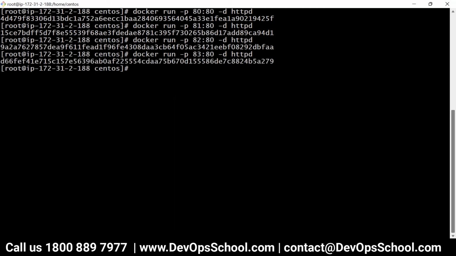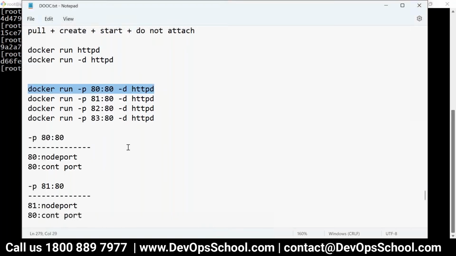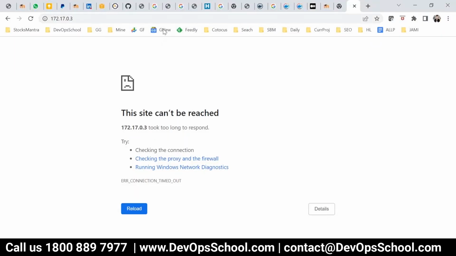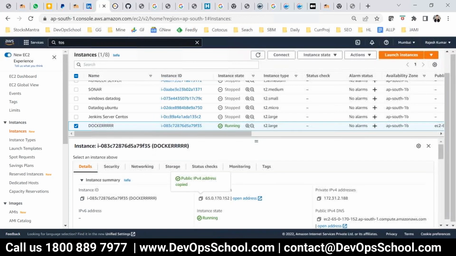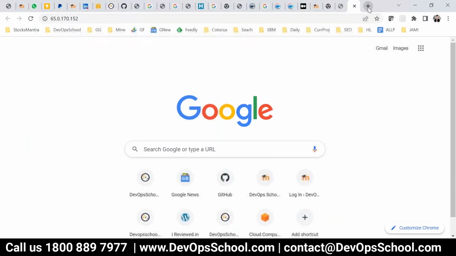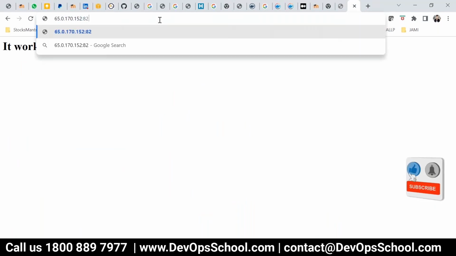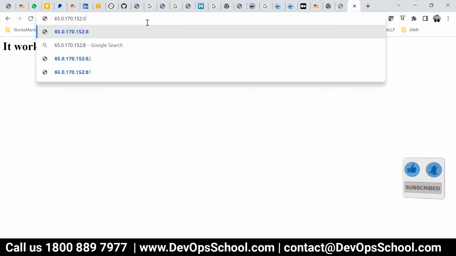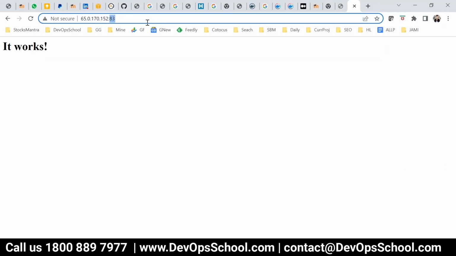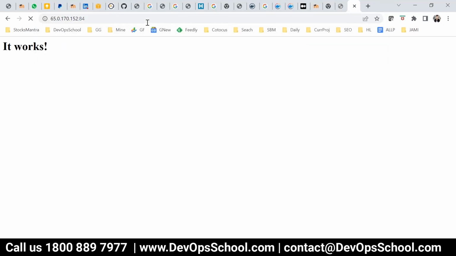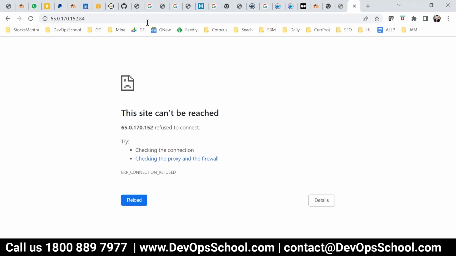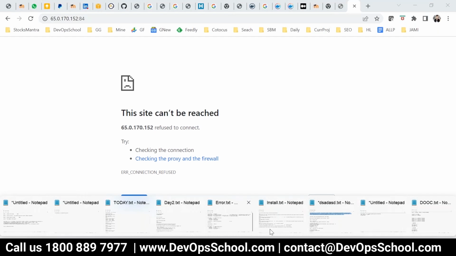Each container has an IP address you can access locally, but from outside, I want to access. So for that, the IP address of the node, this is 80, this is 81, this is 82, this is 83, this is 84. 84 we don't have. Got it? All of you? Yes, clear.